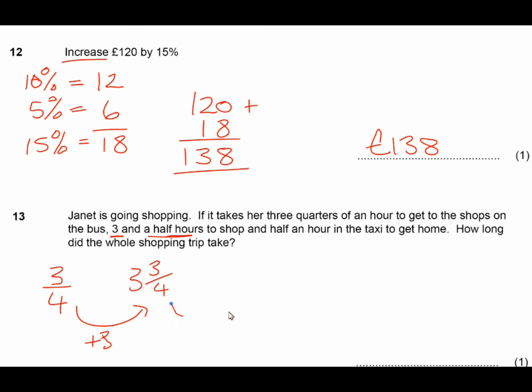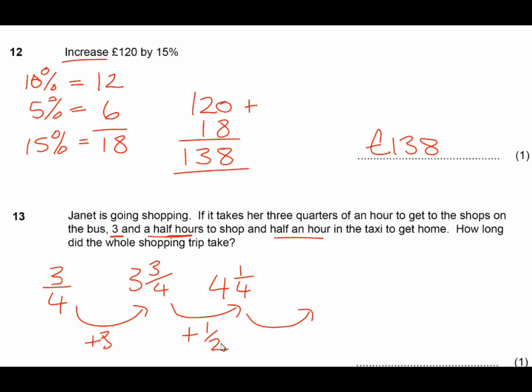Then we can add the half hour. So if we've got 3/4 of an hour, if you think of your clock and you go round another half hour, it would take us to 4 hours and 15 minutes, or 4 1/4 hours. And that's because we've added a half. And then finally, we add half an hour for the taxi home.